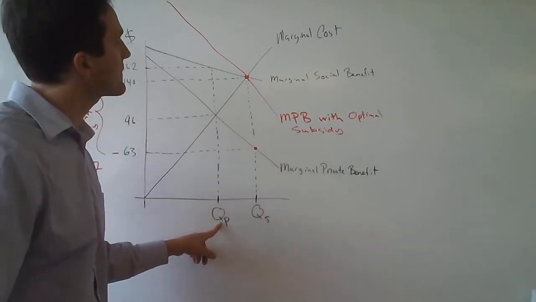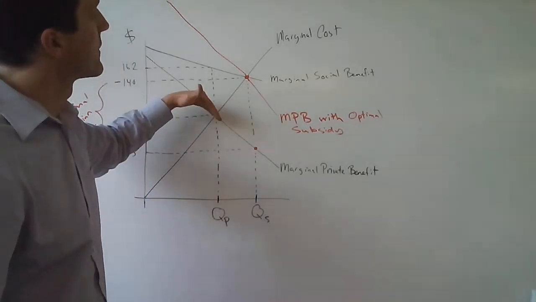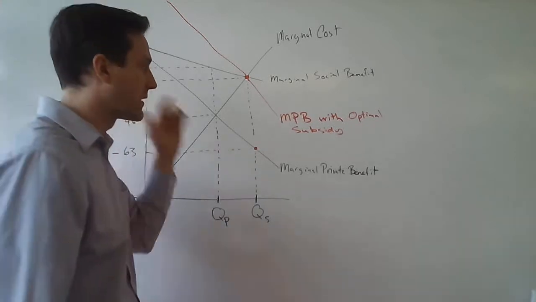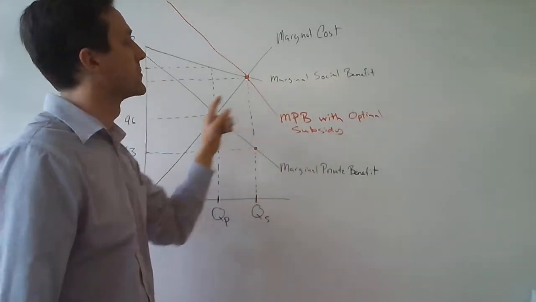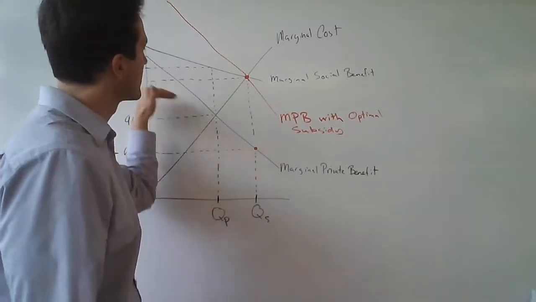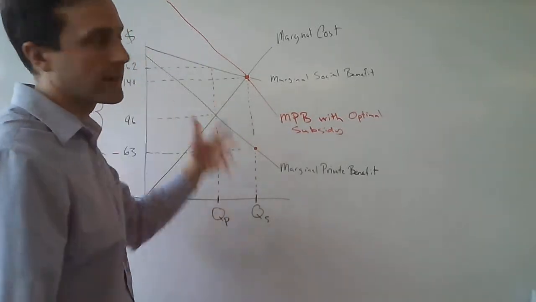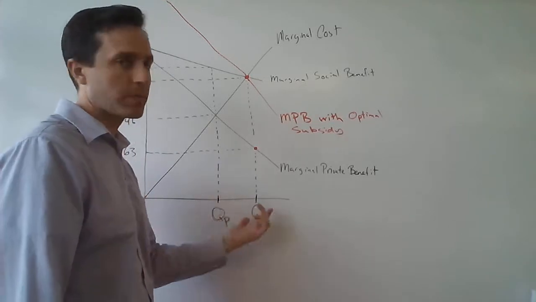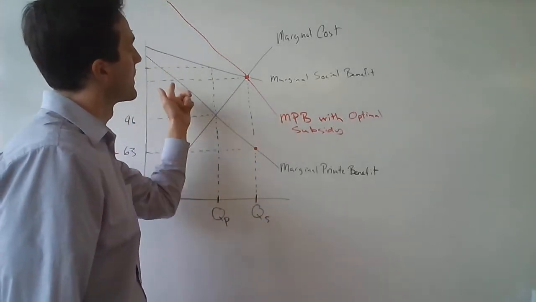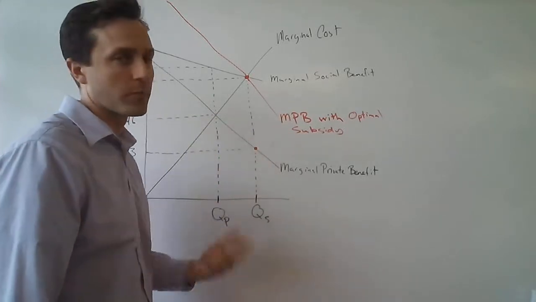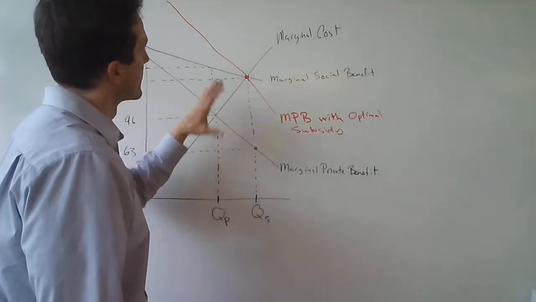Now notice that there's a positive externality in this market because the private marginal benefit is less than the marginal social benefit at any given quantity. Society is getting more out of this good being produced than what people are getting in their own private lives. So there's a positive externality.